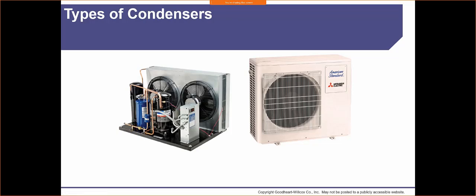The problem with them is they tend to leak, so it's just a matter of time before we have to replace them. And then back here it looks like we have an accumulator and possibly an oil separator.